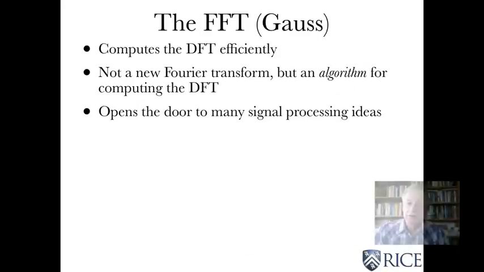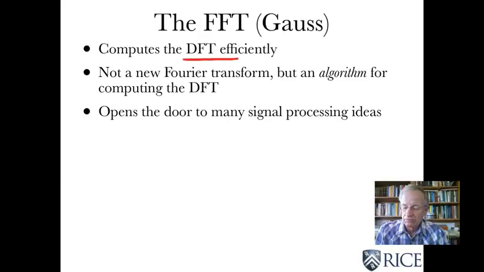I want to point out that the FFT is spectacularly efficient for computing the DFT, much more so than just programming the formula for the DFT. But I do want to emphasize this is not a new Fourier transform. Instead, it's an algorithm, a way of computing the DFT.